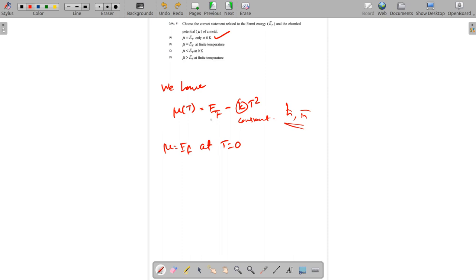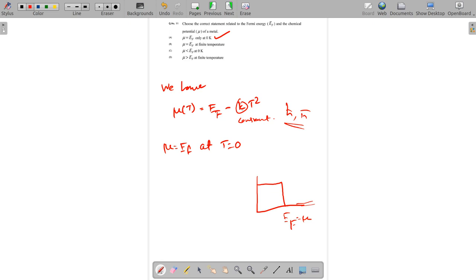At 0 temperature, your distribution function looks like this. If this is your Fermi energy, that will be your chemical potential. Chemical potential means the energy required the moment you add one particle. That's the physical meaning of chemical potential.